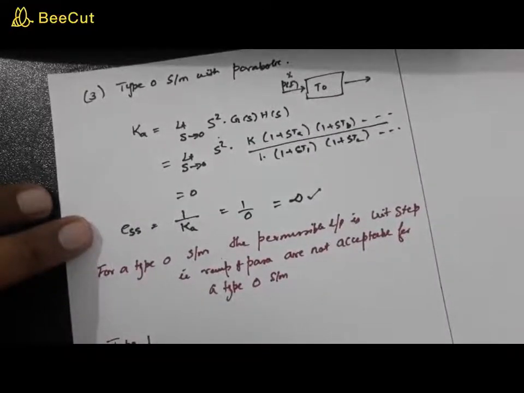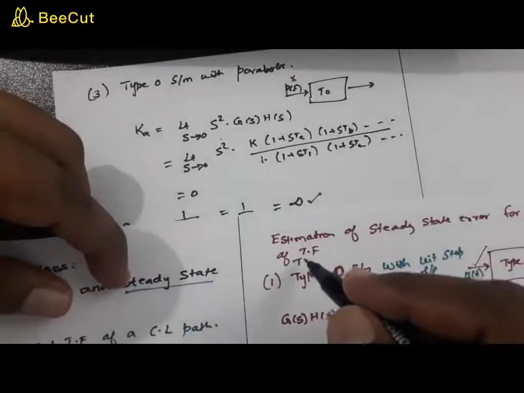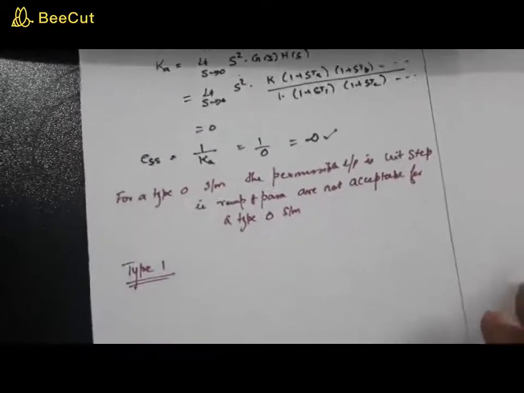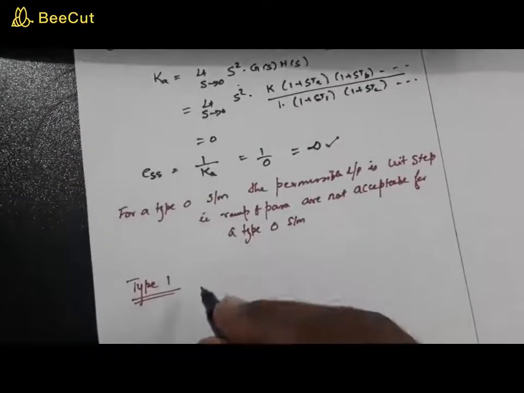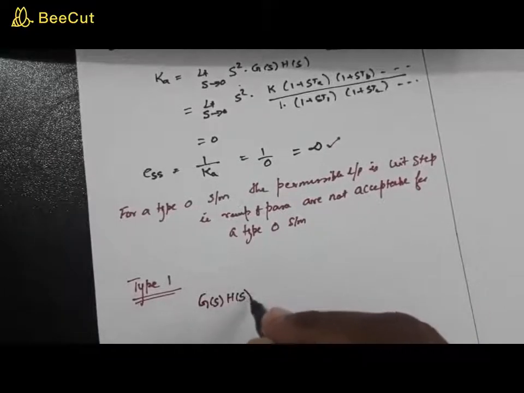Let me give a heading here. So you may just do like this. This is type 0 system. In this type 0 system, there are three cases. Similarly, we are going to consider a type 1 system. Now, let me first of all introduce the GsHs. What will be your GsHs?